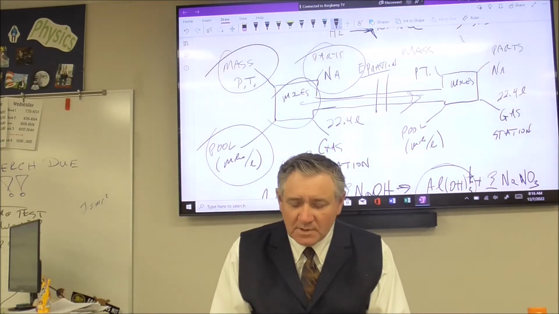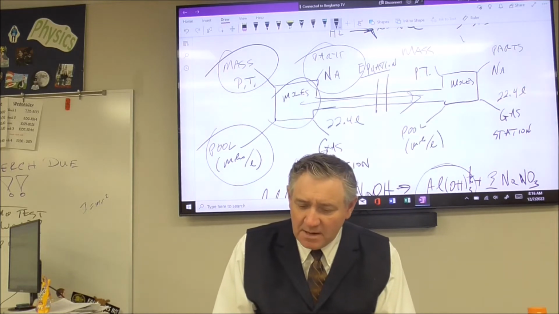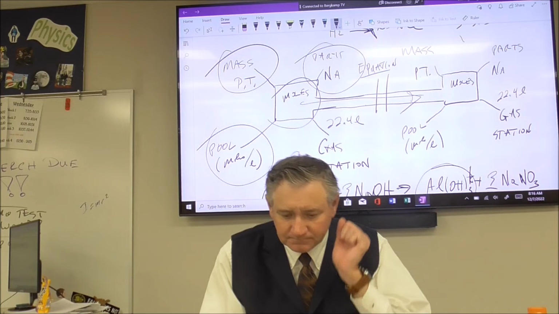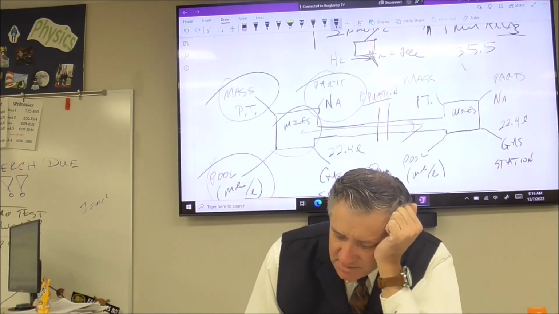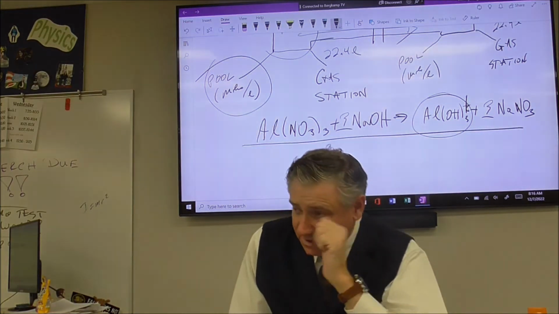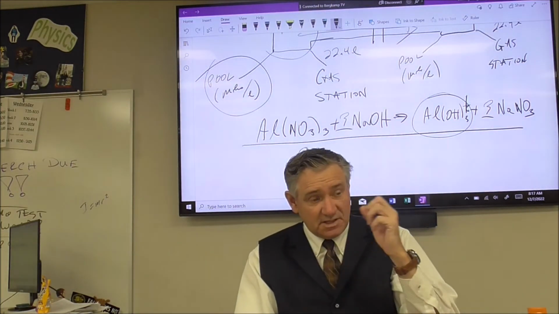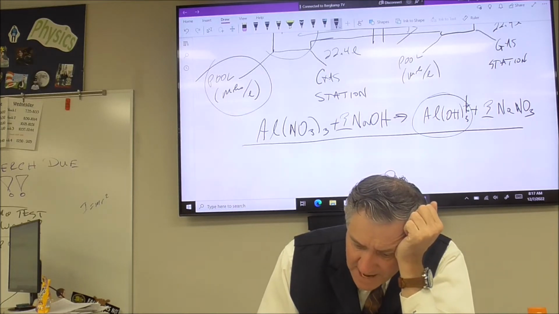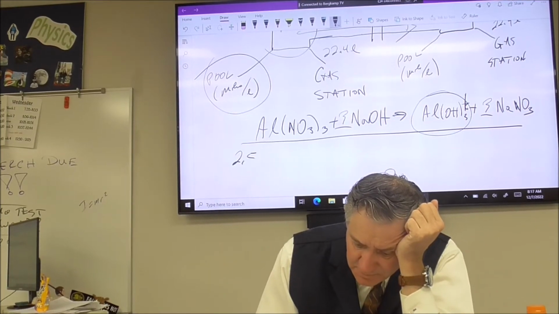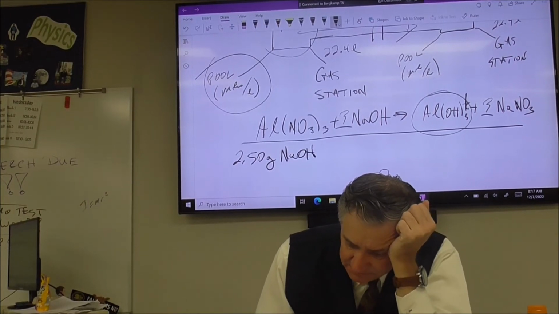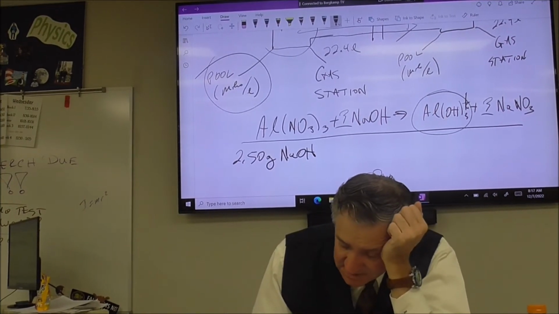Ella, do you want to start with a mass problem or a molarity problem? Mass. Okay. So here's the reaction, and here's how this is going to play out. I'm going to react 2.50 grams of sodium hydroxide, because Ella said she wanted mass.